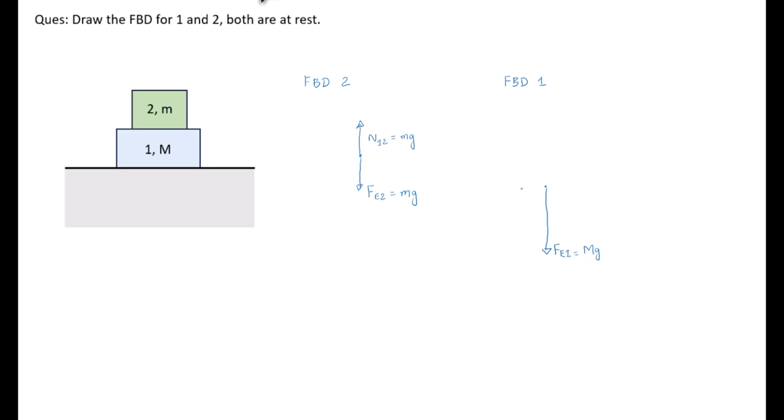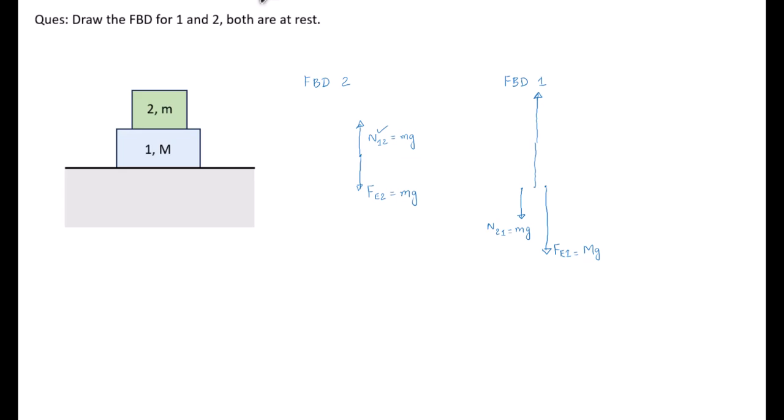What will be the magnitude of that force? It will be equal and opposite to N12. So I can write it like this. This will be a normal force from object 2 on object 1. And because these are action-reaction pairs, the magnitude of that is small mg. So there are two vertically downward forces, and therefore, for this object to be in equilibrium, a vertically upward force has to be applied such that its length is equal to both the downward forces combined.